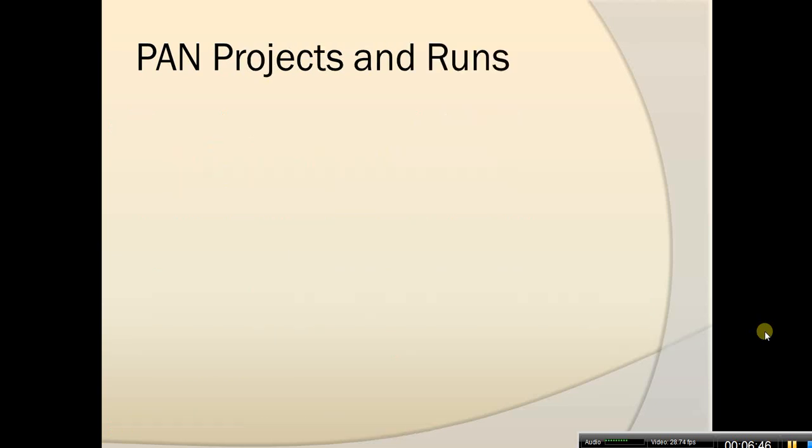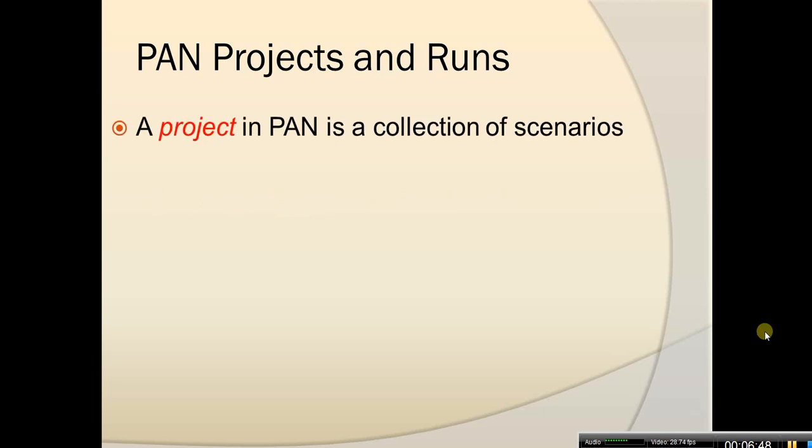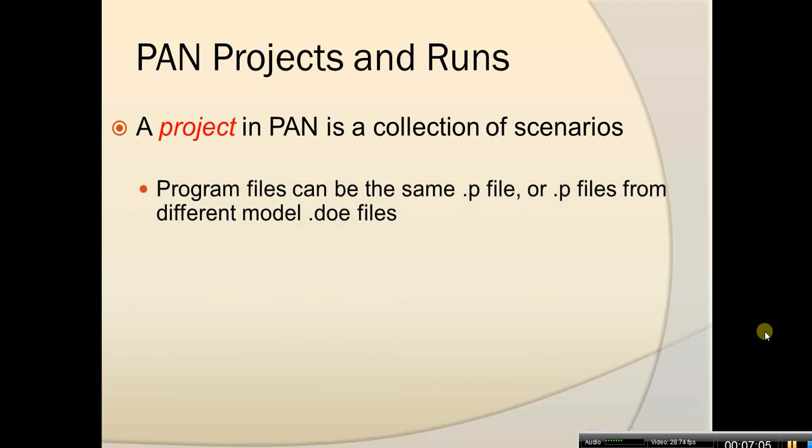But let's also discuss the projects, right? So the project in the run is actually a collection of scenarios. So when we analyze just two scenarios, we could have combined them. We could have done it with a PAN, and we can combine both of those scenarios into a project.